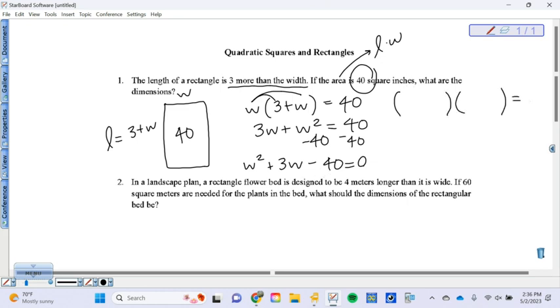Factored form. What does my first times first equal? W times W. What number do I need to look at to determine the other two numbers? The last one. So 40. What are my factors of 40?